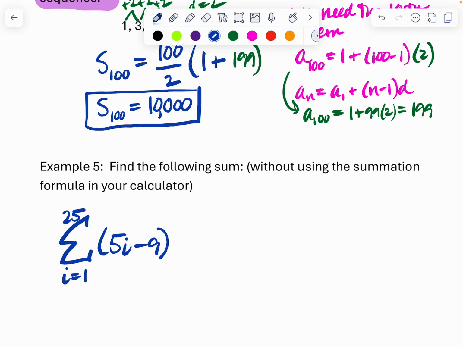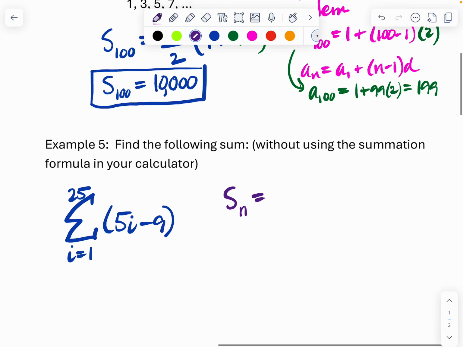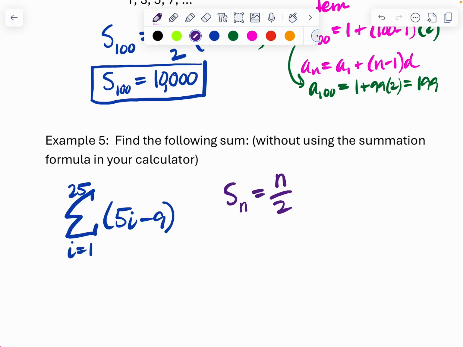We could just type that in, we could do the alpha window and do the summation, but because we know that this is an arithmetic sequence, we can use our summation formula, which is S sub n equals n divided by 2 times the first plus the last. Okay, so n is 25.